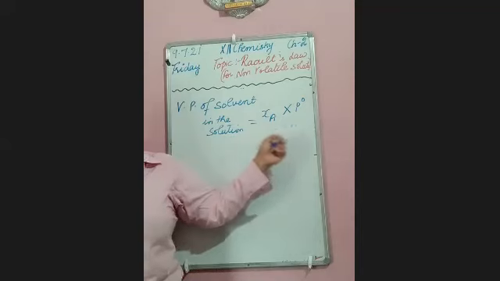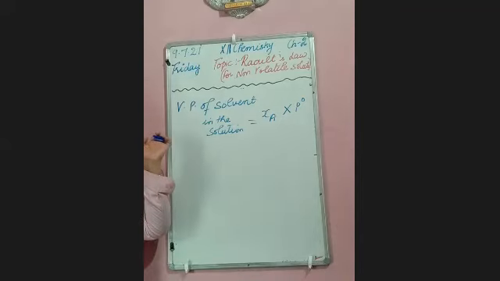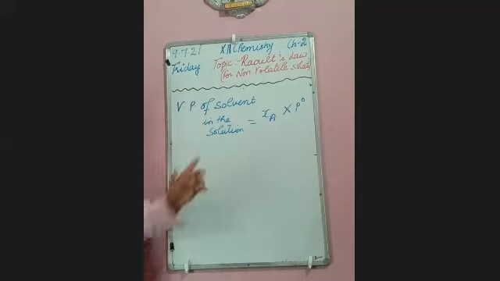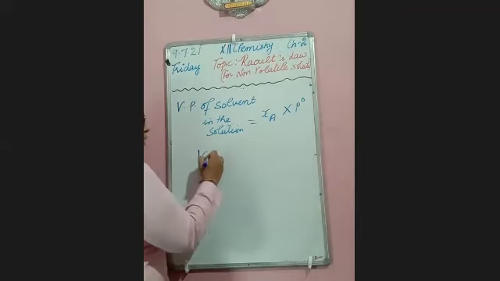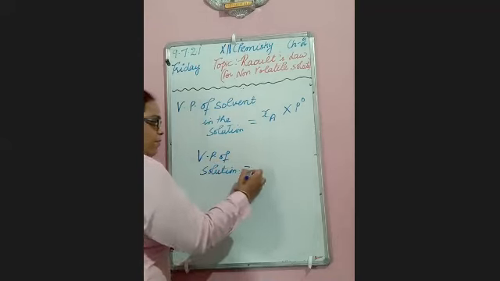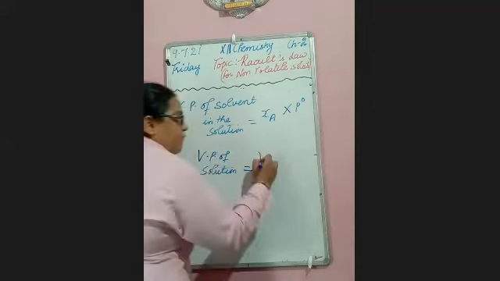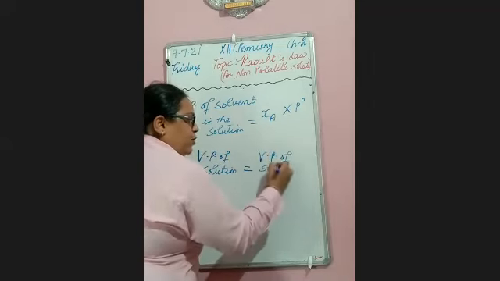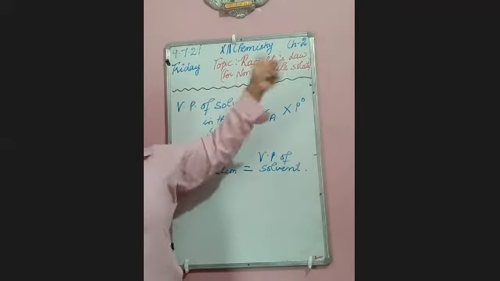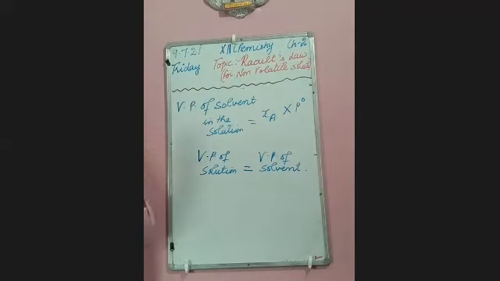We have already discussed this formula in the last class. But as you know, here solute is not making any vapors. So the vapor pressure of solution will be mainly due to the vapor pressure of solvent, because solute is not contributing in making the vapors as it is non-volatile in nature. So here the vapor pressure of solution should be equal to the vapor pressure of solvent in the solution.